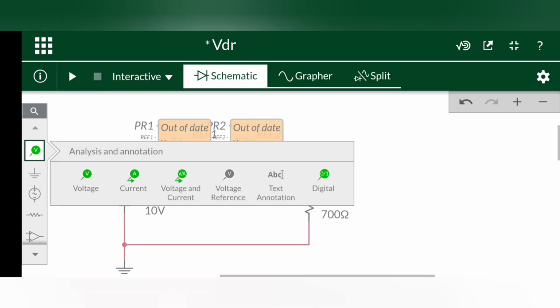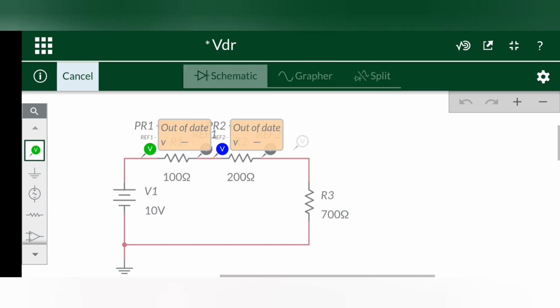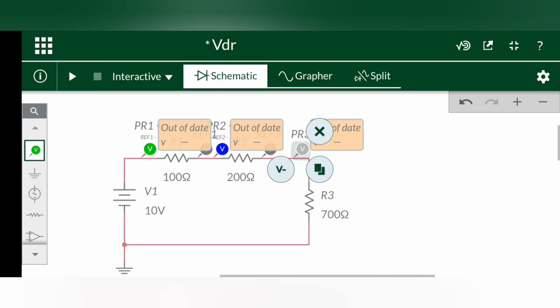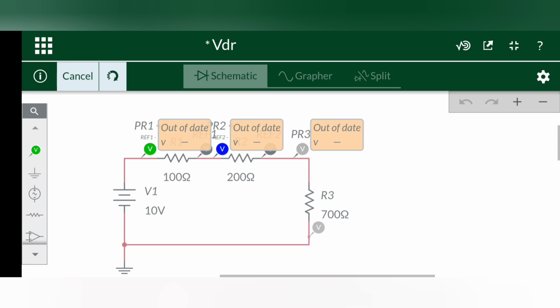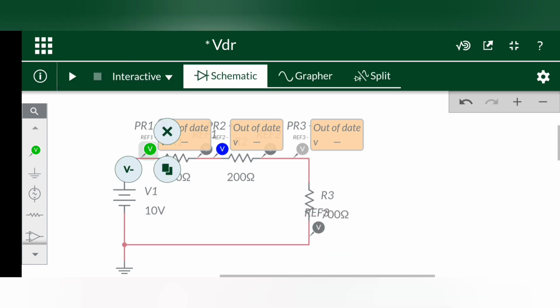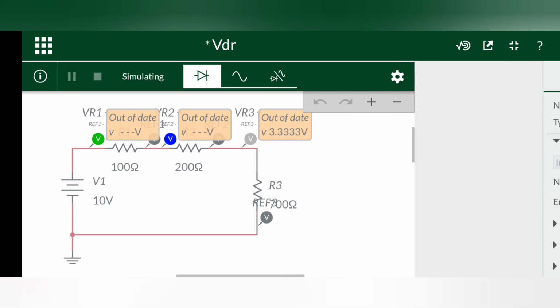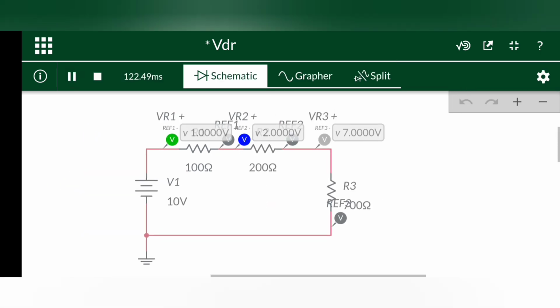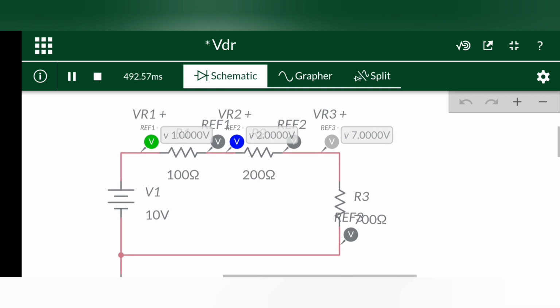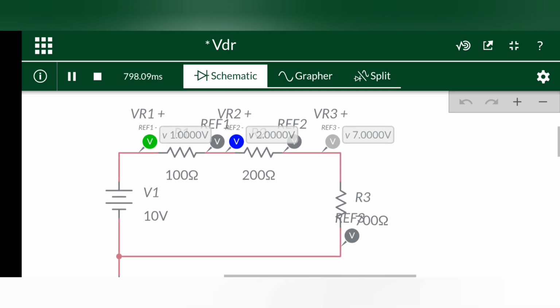Here you don't need to add the negative or reference probe because voltage is always calculated with reference to ground, so there is no need to place a reference probe for VR3, but I added it for better understanding.